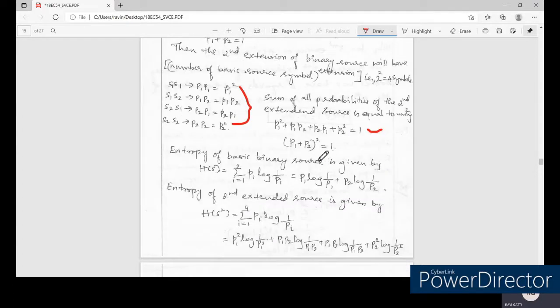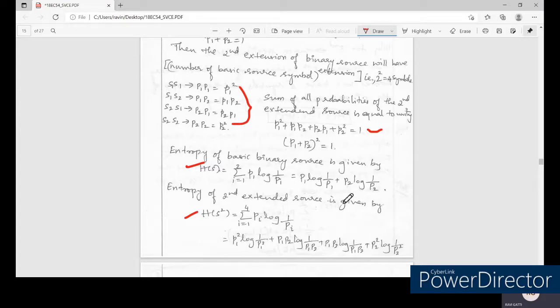The next thing is we need to find the relationship between the entropy of the zero memory source, H of S, and the second extension, H of S square. So let us find the entropy of the basic binary source, which has two symbols S1 and S2 with probabilities P1 and P2. We know that H of S is summation i equals 1 to 2 of Pi log 1 by Pi.